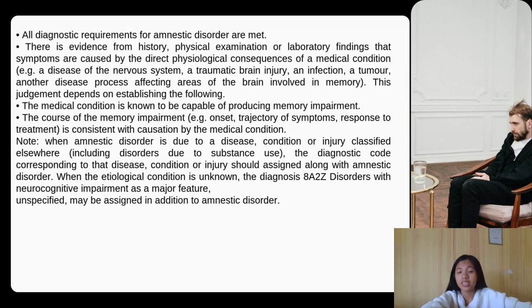Then number two, there is evidence from history, physical examination, or laboratory findings that the symptoms are caused by the direct physiological consequences of a mental condition, disease of the nervous system, a traumatic injury, an infection, a tumor, or another disease process affecting areas of the brain. It involves memory, and the judgment depends on establishing the following.